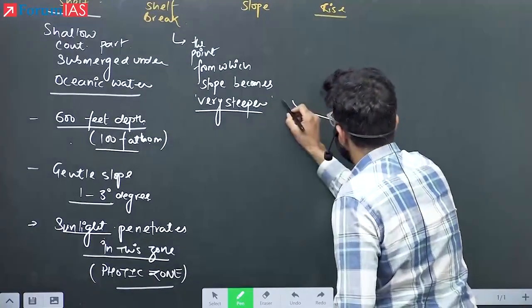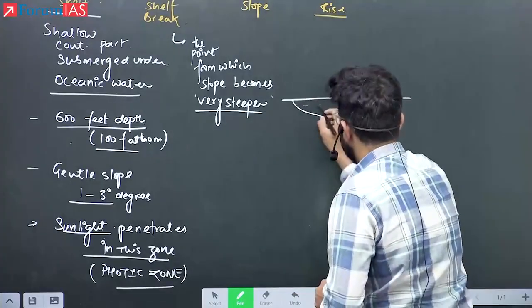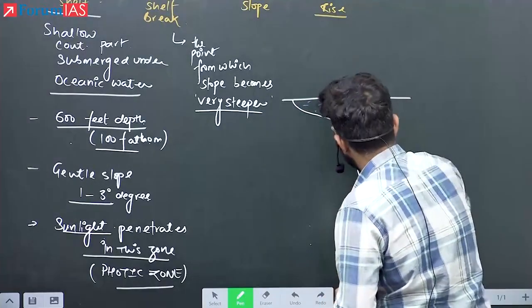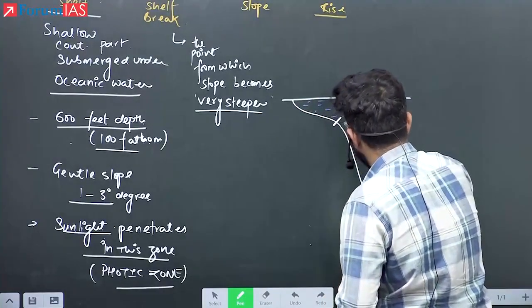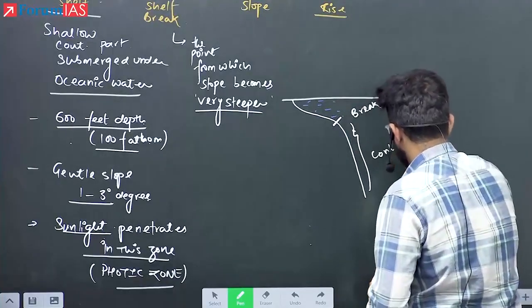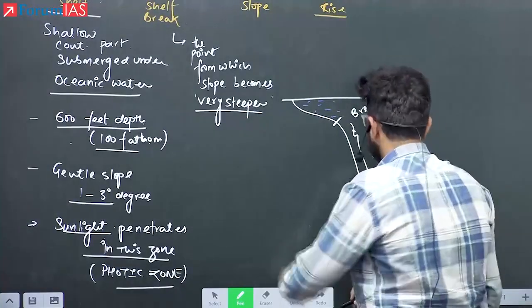So here, if you want to make this diagram again, you can. So this is our break. From here onwards, this is our continental slope. So what we are going to write in continental slope?